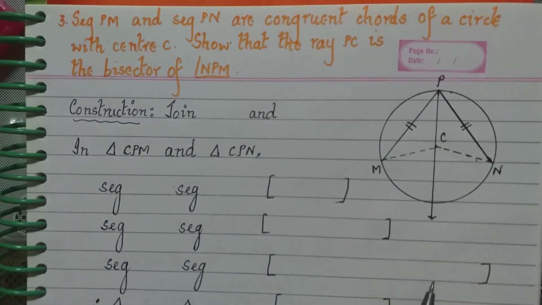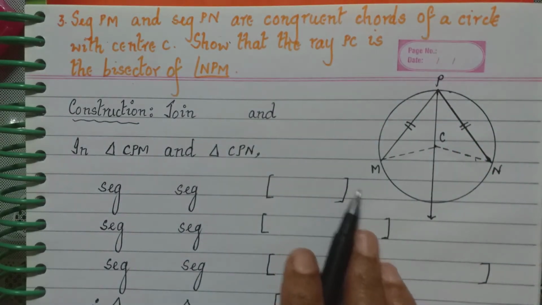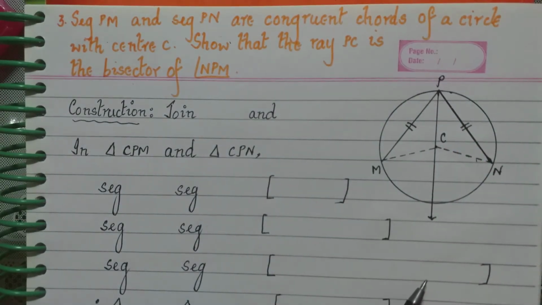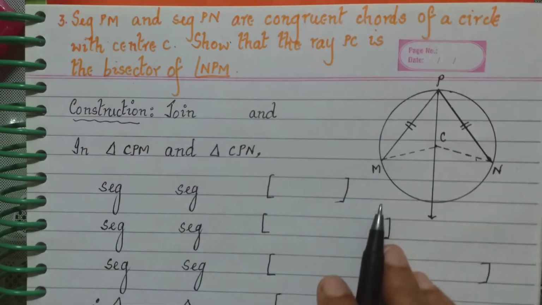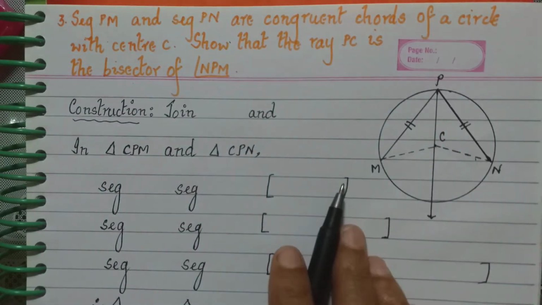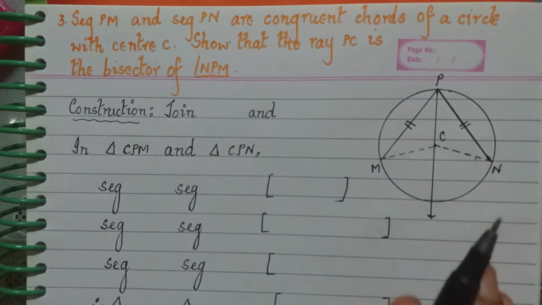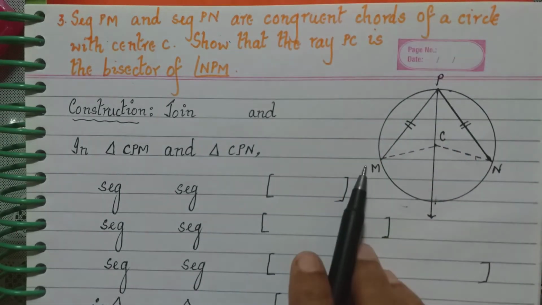It means we have to show that this ray PC divides angle NPM into two equal parts. If it is dividing into two equal parts, what should happen? Angle NPC should be equal to angle CPM. So we have to show that these two angles are equal.